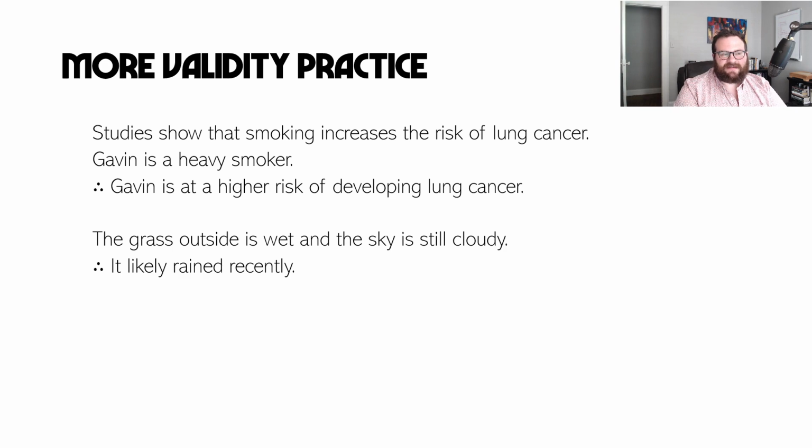It might be that your neighbor had their sprinkler on too long. And it might be that it's cloudy because it's about to rain, but it hasn't rained yet, right? If that's the case, then there's no reason to assume it's likely it rained recently at all, right? So this is another invalid argument. The conclusion does not necessarily follow from the premises.